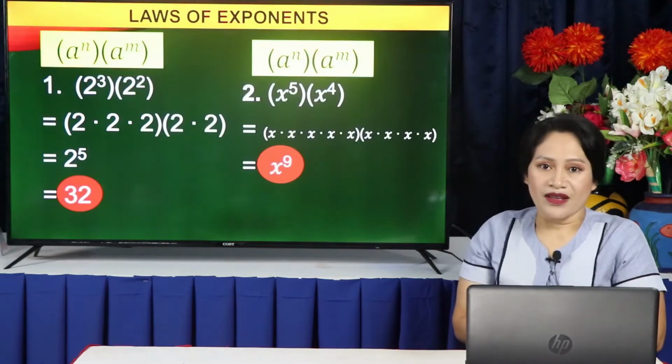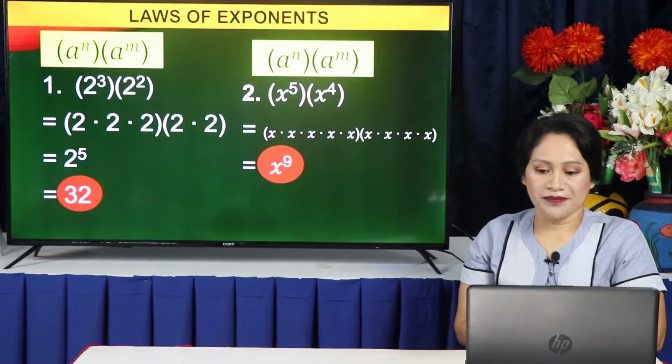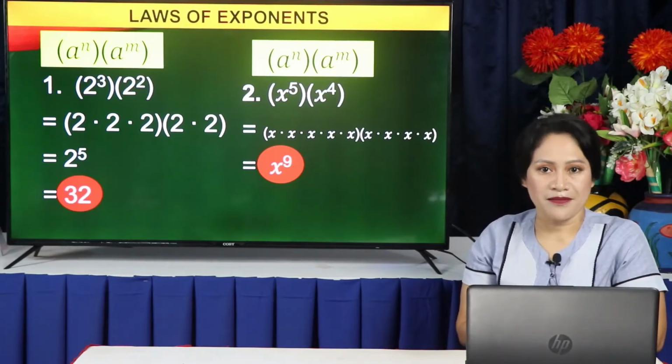Now let's have the second law of exponent. Observe again the following examples. Notice that the bases are the same. What did you observe with the expression a to the power of n times a to the power of m?